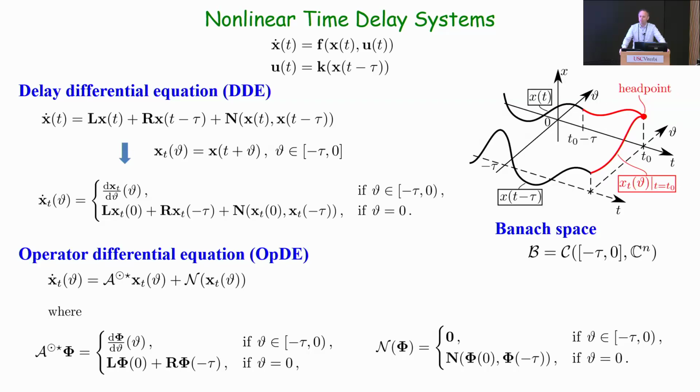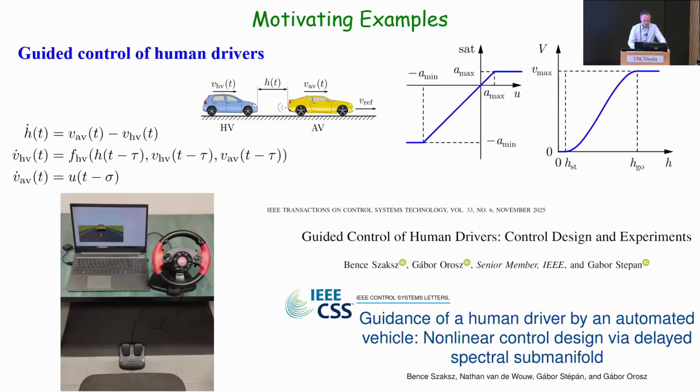Yes, please go ahead. In one of your slides, a couple of slides ago, you were measuring the headway between the two cars. Do we also assume a delay in that measurement as well? Yes, in the equation? So let me go back to this to make sure. That h dot t, there we do not have a delay in that measurement.